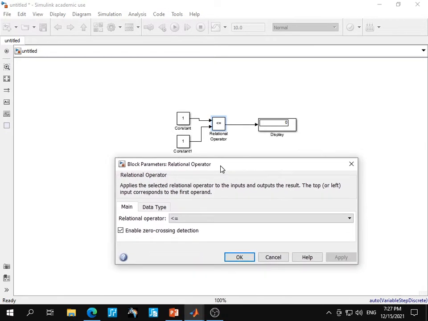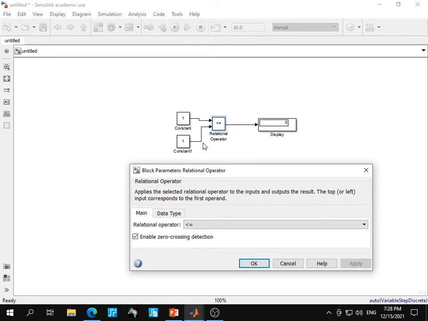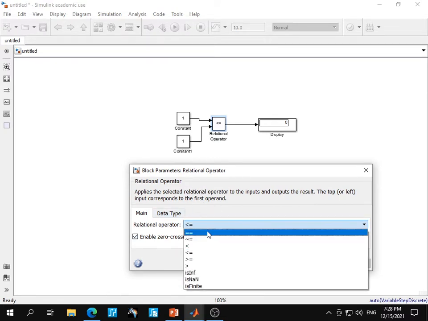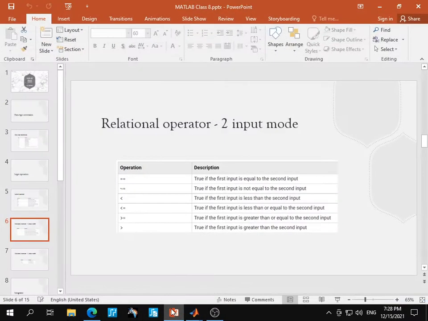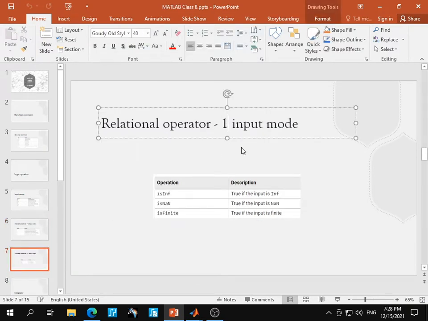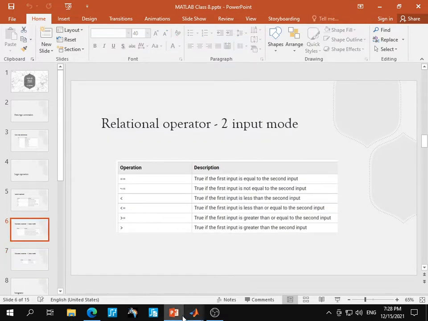It's like an if condition. So this 6 on the top is called 2 input mode. And aside from that, you have a 1 input mode.